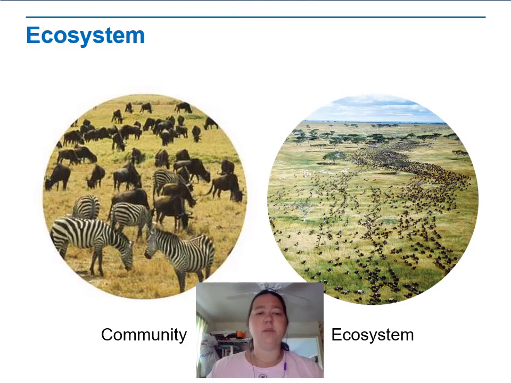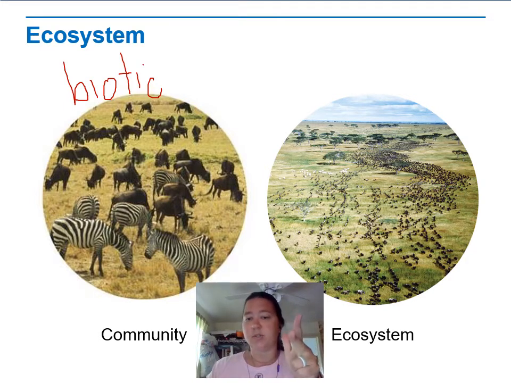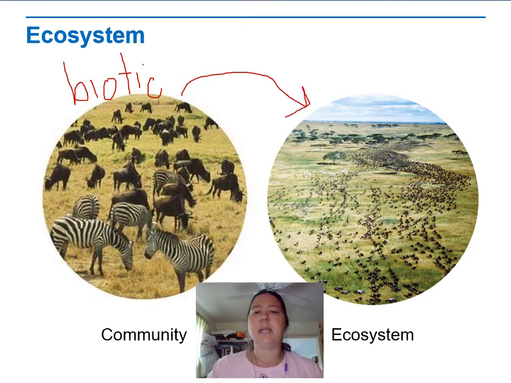Then the community, squirrels, birds, grass, okay, which is all of the biotic factors, and we'll get to that word in just a second, okay? So squirrels, birds, grass, all biotic factors, all right, leads us to an ecosystem, which is the biotic plus the abiotic.